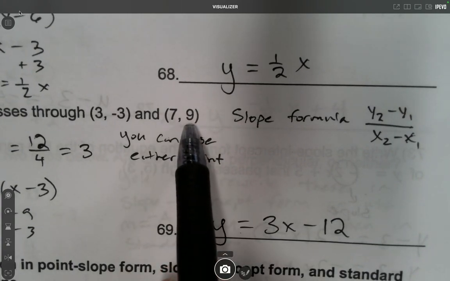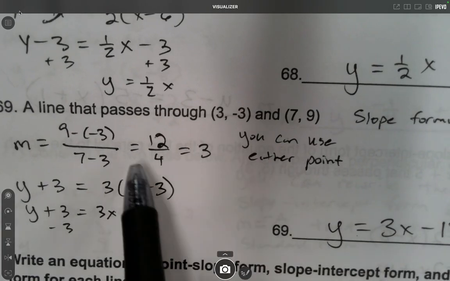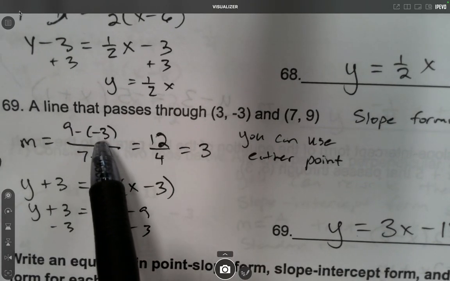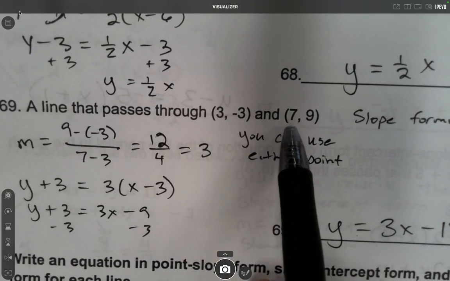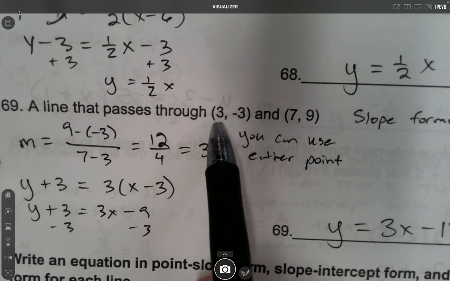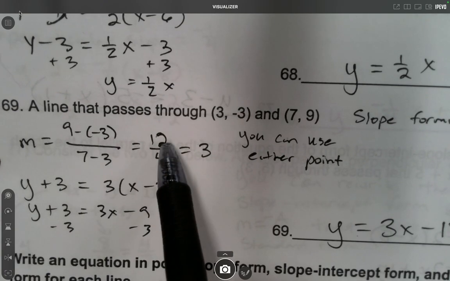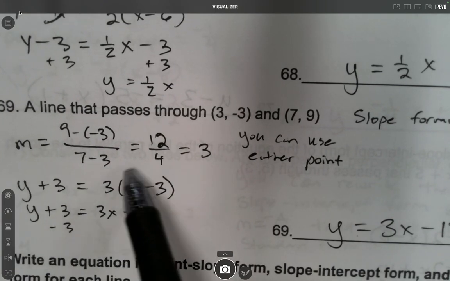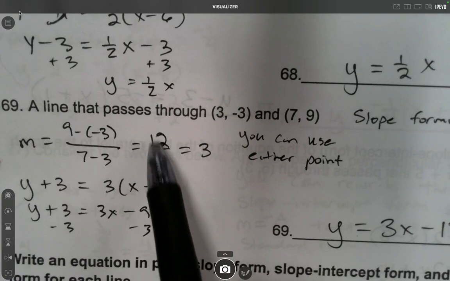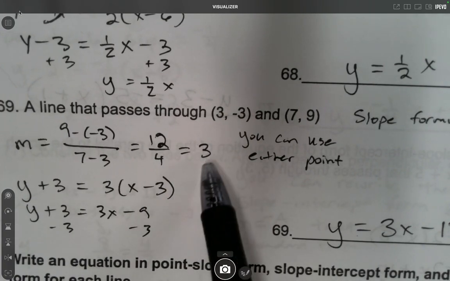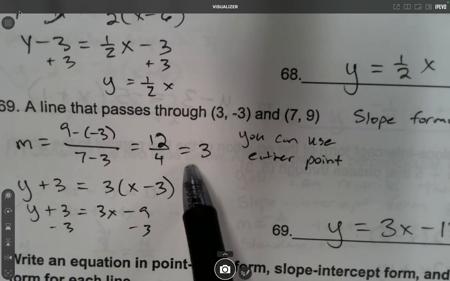So y2 is 9, y1 is -3. So y2 minus y1 over x2, 7, minus x1, 3. So 9 minus -3 is really 9 plus 3, that gives us 12. 7 minus 3 is 4. And 12 divided by 4 is 3. There we go, 3. So now we do know our slope.